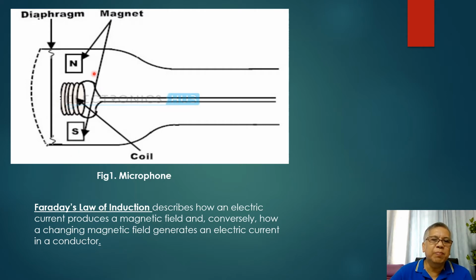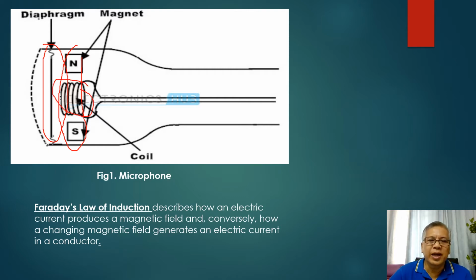So these are the parts of your microphone. Okay. So this area here is your diaphragm. And this area here is your magnet. And attached on the magnet is your moving coil. This one. Okay.